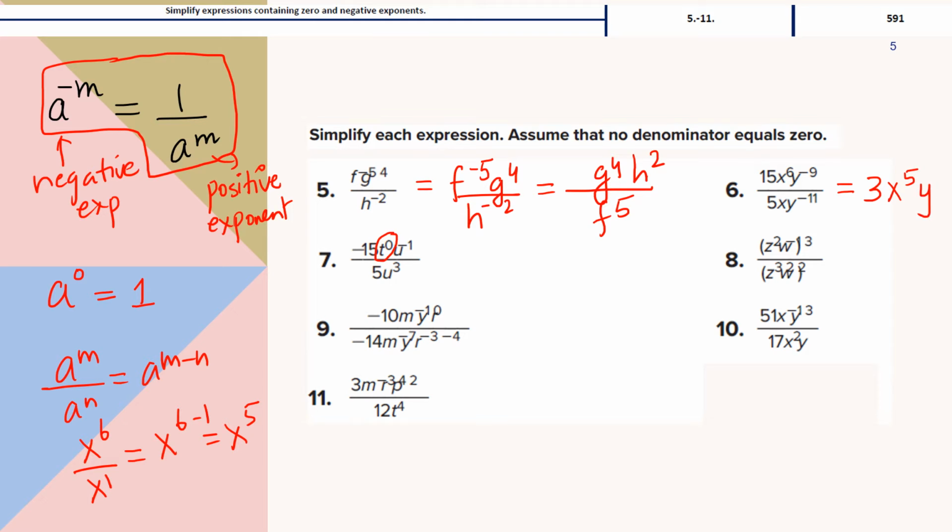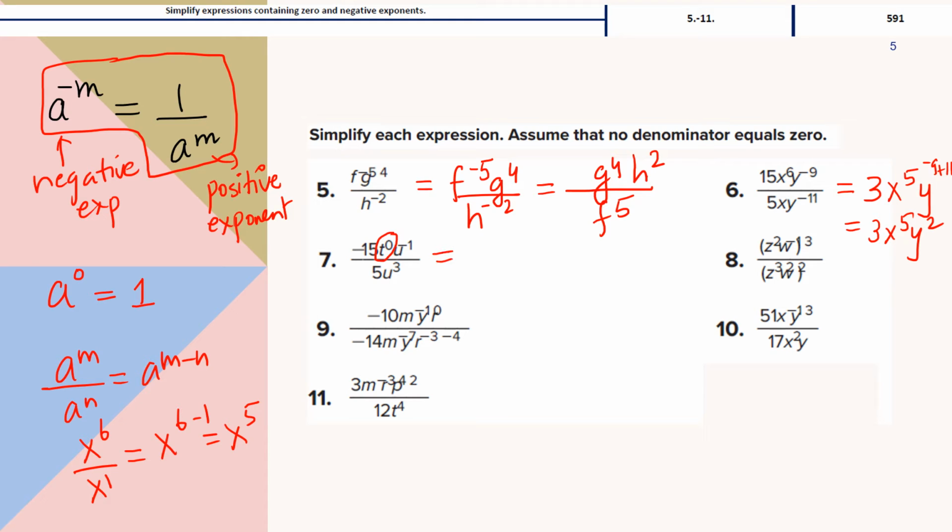Now y to the power, this is minus 9 plus 11. So the power will become y square. Because it was division, the power goes up, so it becomes minus 9 plus 11, and that gives you a y square. So this is the answer.